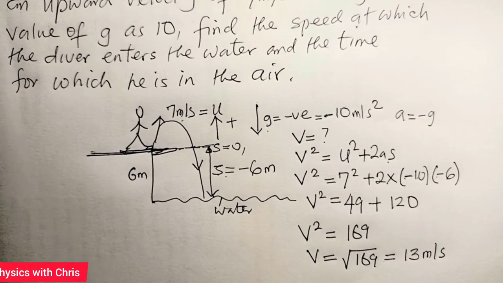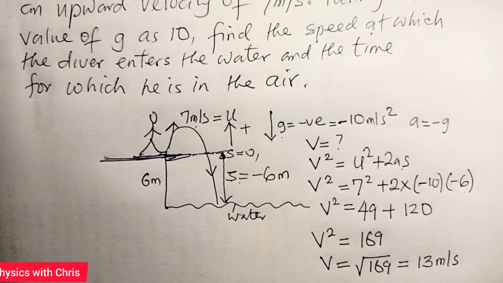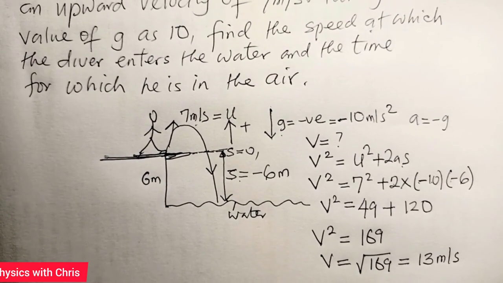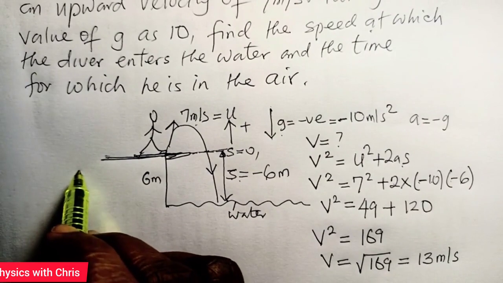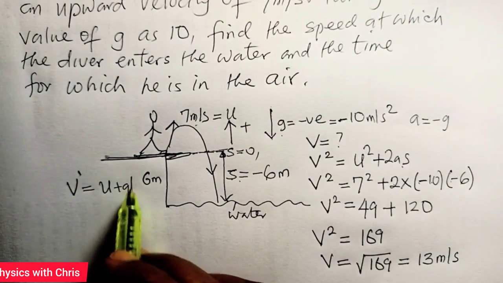Now the next question says the time. Calculate the time for which he is in air. We can use, since I've got my final speed, I can use the first equation of motion, v equals u plus at.